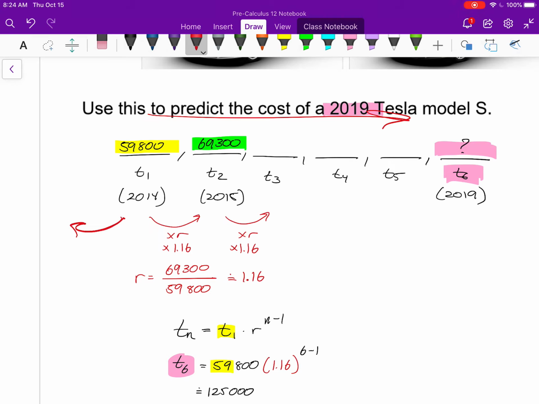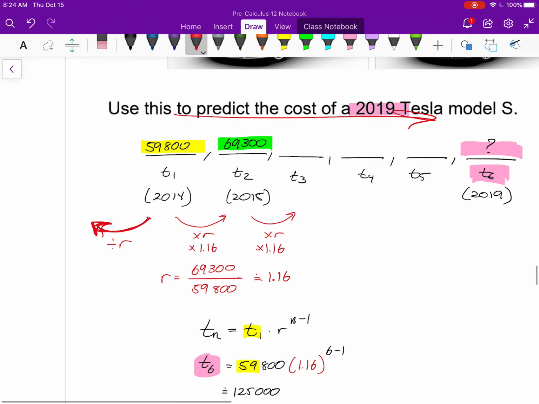When we go backwards, in some ways that becomes term 0, and by convention we never have that. But the question never said this has to be formed as a geometric sequence. It just said it can be modeled that way. So even though by convention we don't have a term 0, I can still go back before the year 2014. And if I want to go this way, that means I want to divide by r.